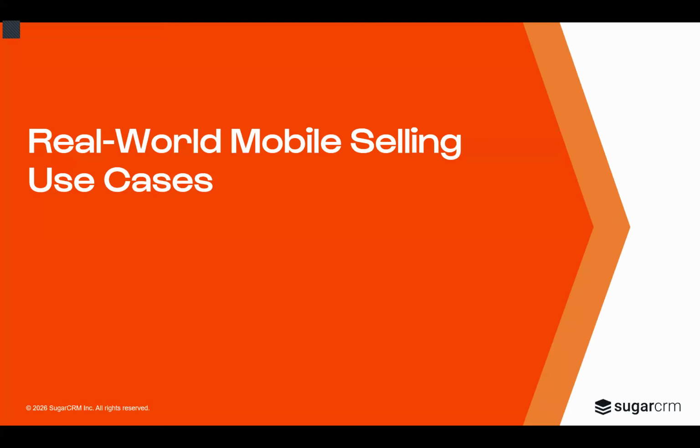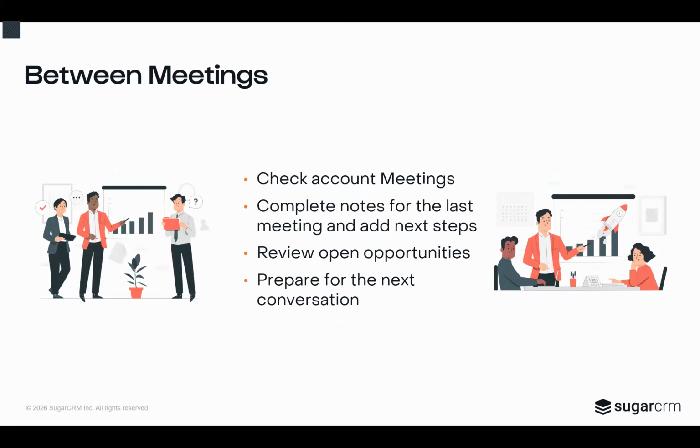Okay, so here are some real world mobile use cases. Remember, like I said, you're going to use it before, after, whenever. When can you use it? I have a quick question in chat about whether Sugar Mobile is included with Sugar Sell. Yes, it is. It's included with all of our products, right?